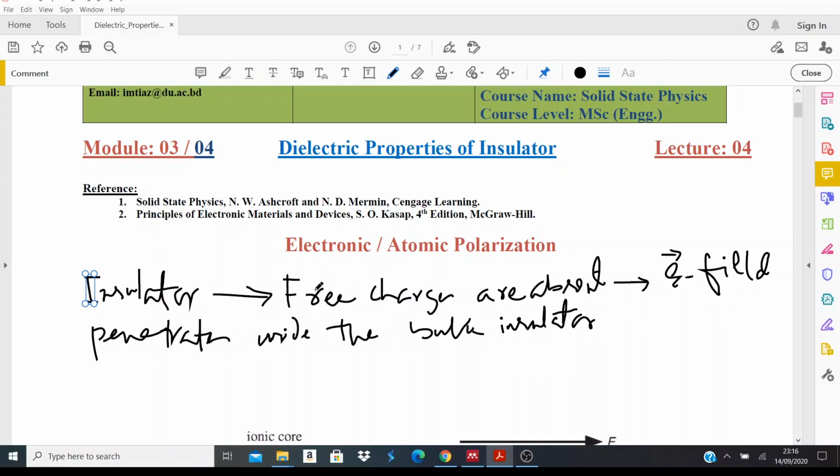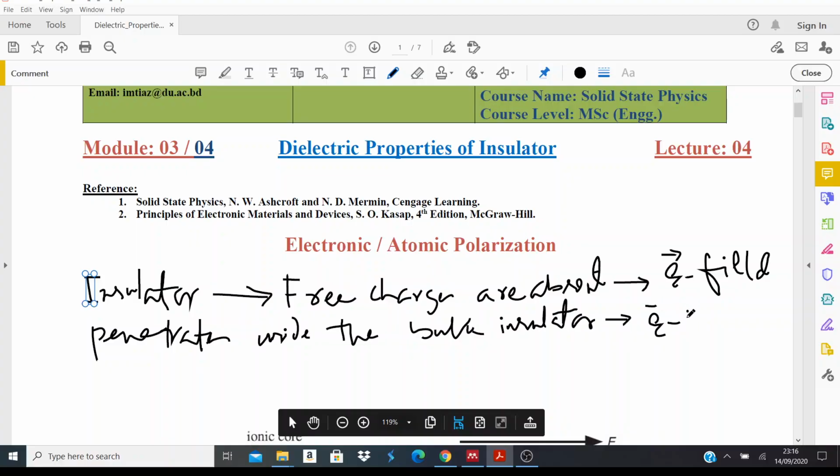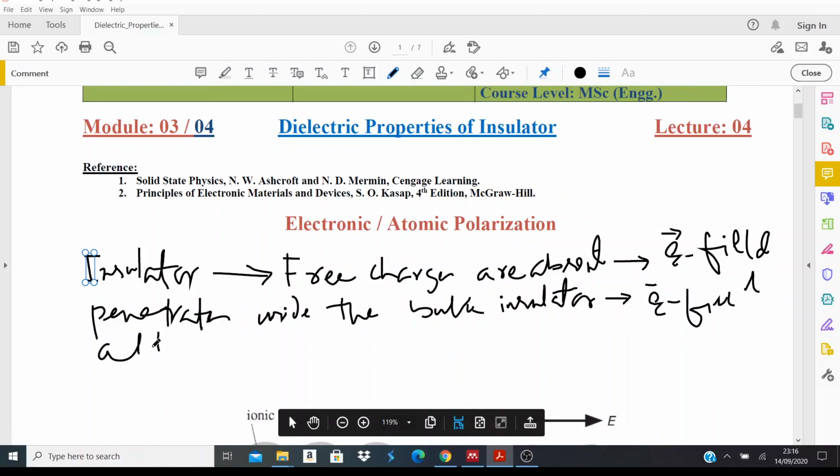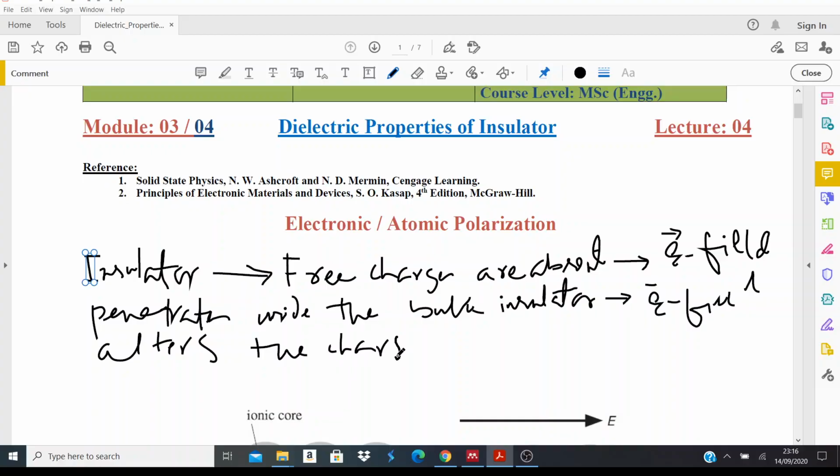But for an insulator, the electric field penetrates in the bulk, and this electric field alters, or changes, or readjusts, whatever you say, the charge distribution. That's the key of studying the insulating material, that it alters the charge distribution inside.